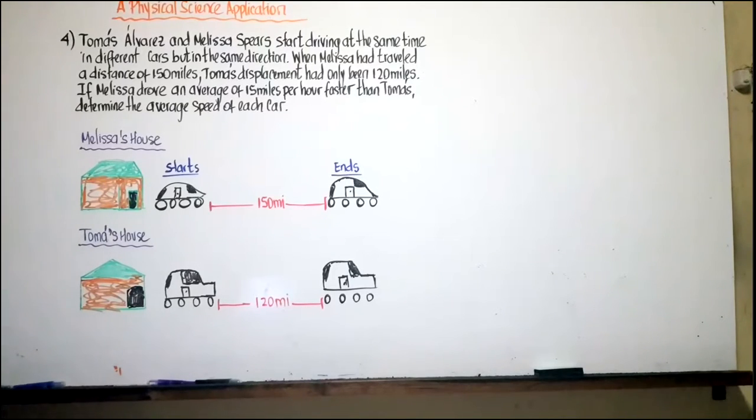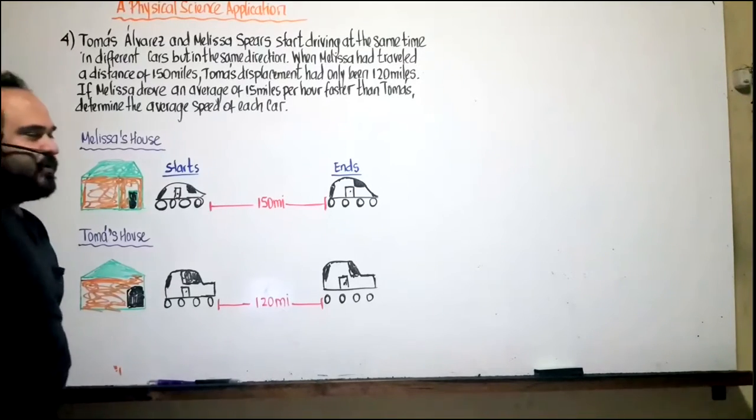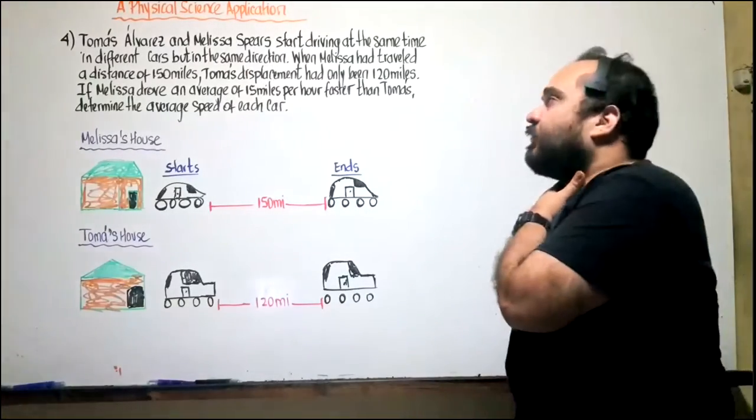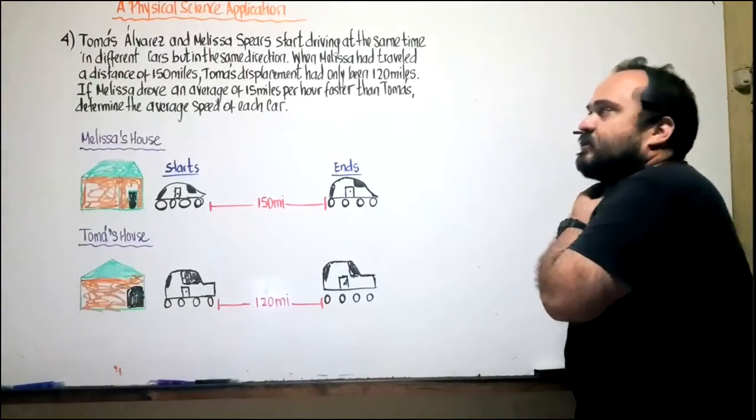Today, I'm going to continue with the explanation of problem number 4, the first word problem. Just to keep a promise, in this word problem I can give a label: we call this physical science applications. Actually, this kind of problem is a simple introduction to physical science.